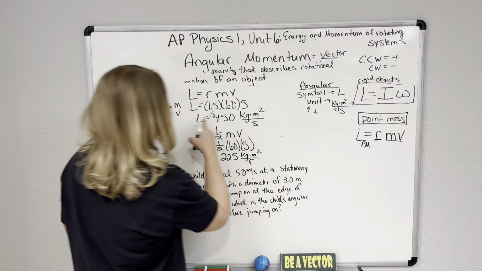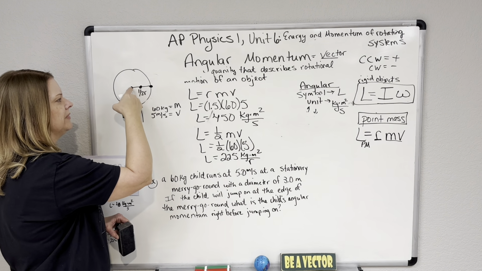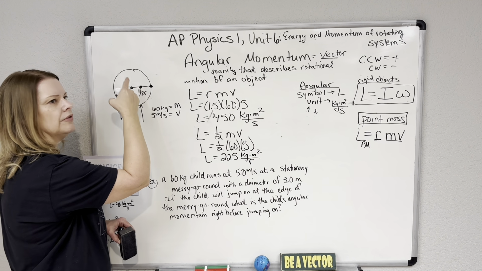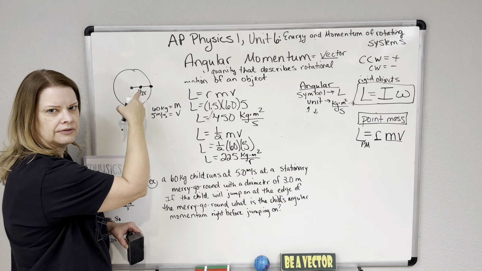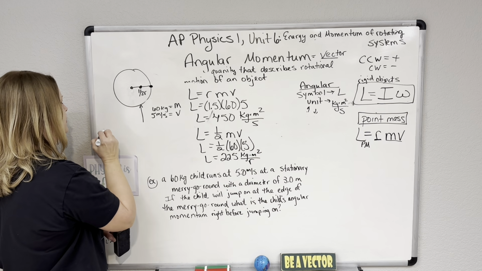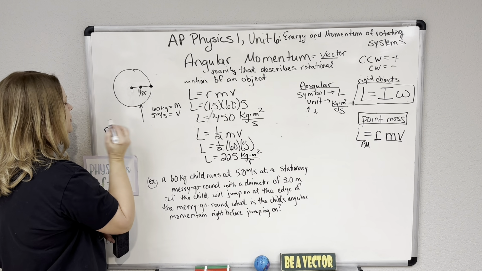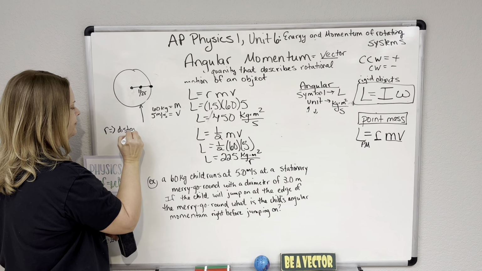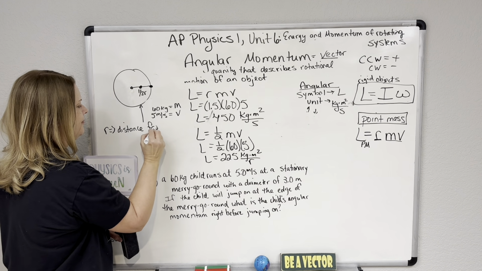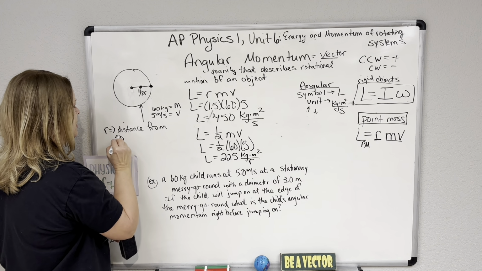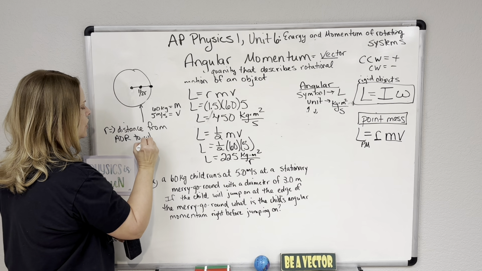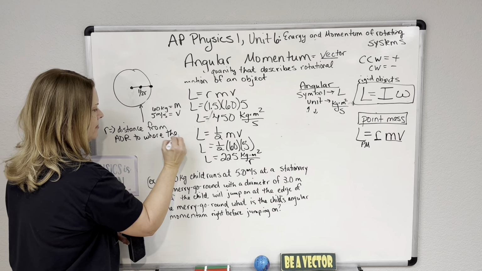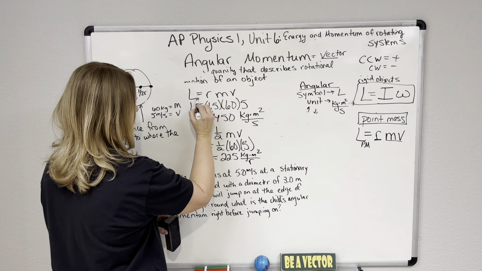So what that R is, is the distance from the axis of rotation to where the point mass lands on your rigid object. So let's write that down. Where R is going to equal the distance from axis of rotation to where the point mass, and by the way, all of these were point masses.